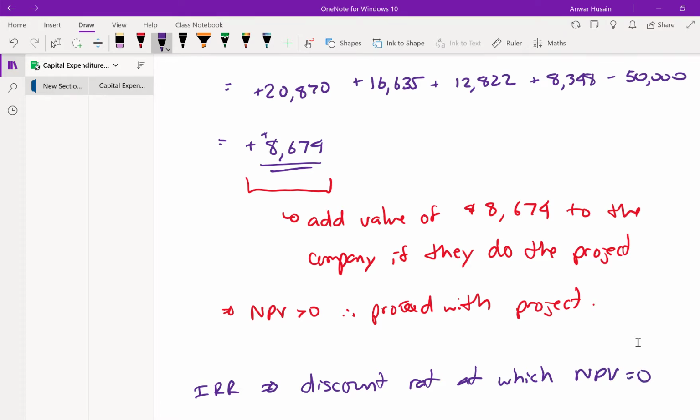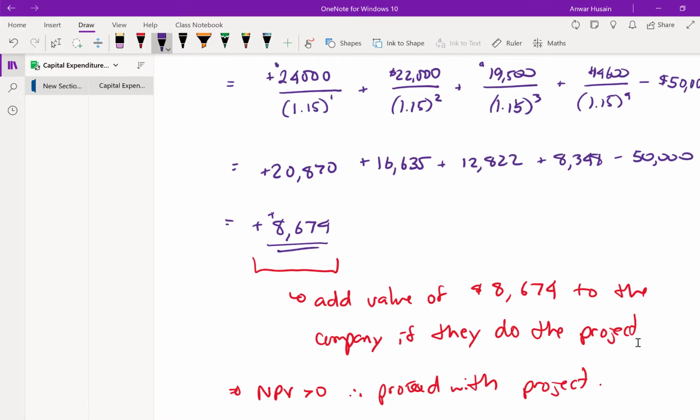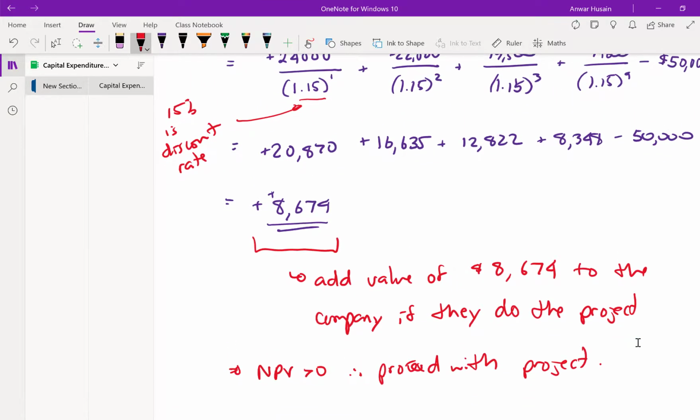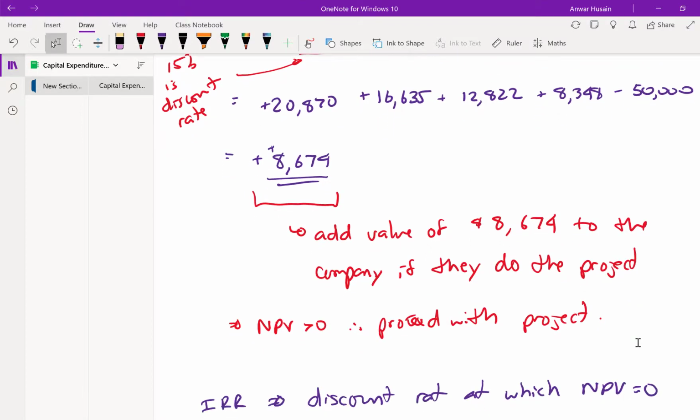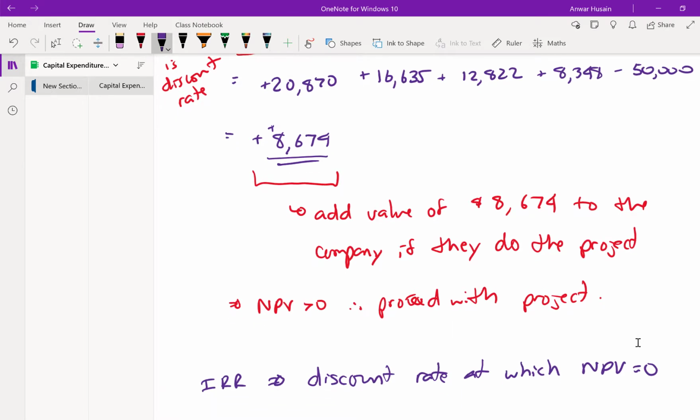Remember, I said that the discount rate we're going to be using is 15%. The discount rate in this case was given. What if I wanted to change that and end up with a net present value of 0? The only way I could do that is through an Excel formula or iteratively or a variety of things like that.